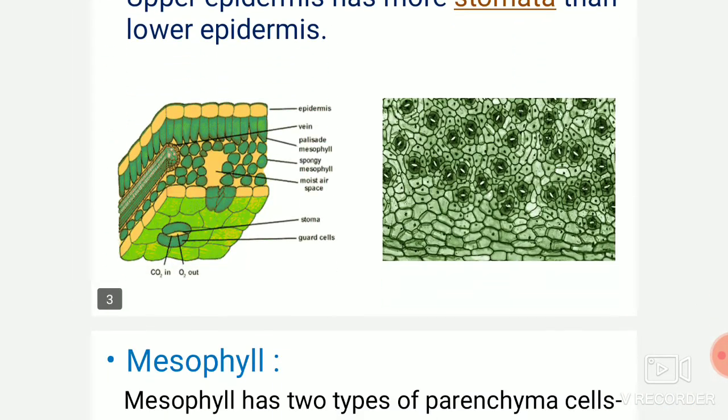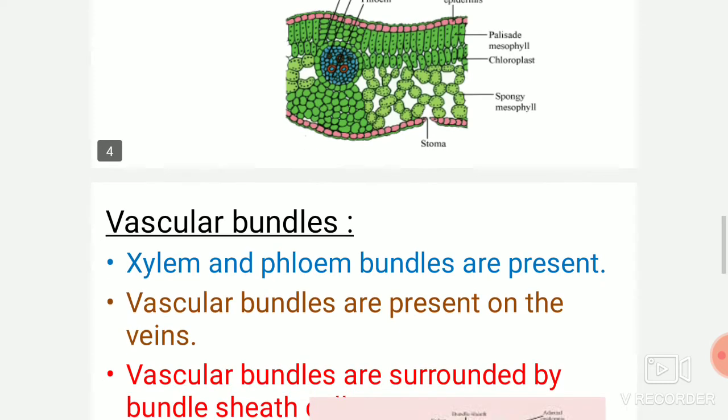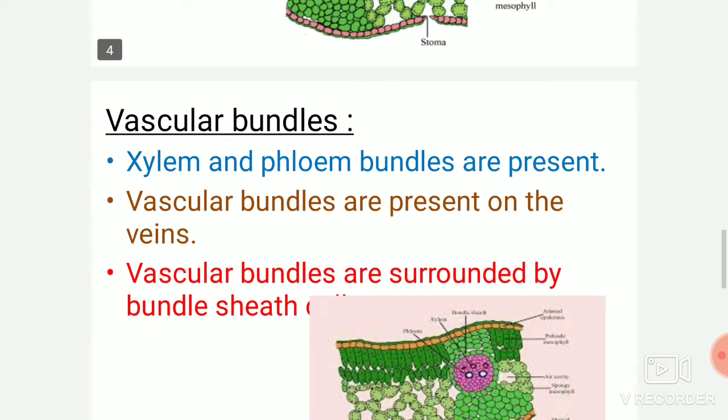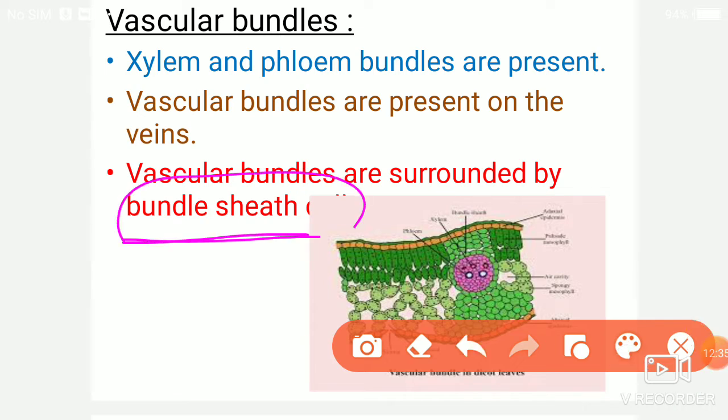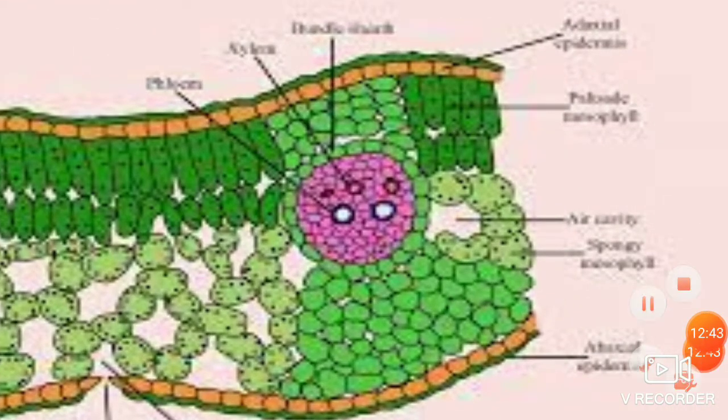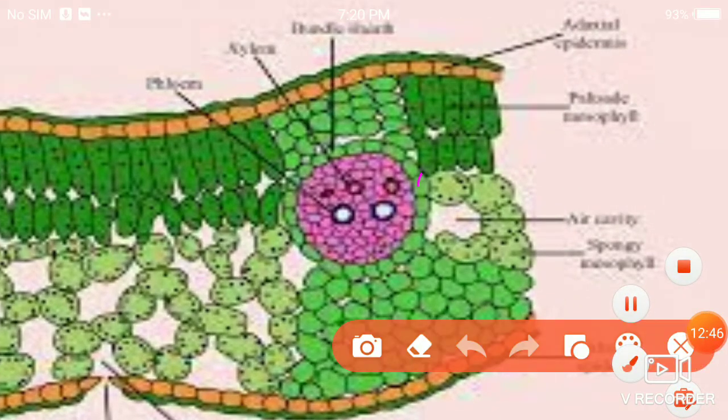Let's see how these vascular bundles are arranged. In the dicot leaf, they are surrounded by bundle sheath cells. You can see that bundle sheath cells are very important. We already studied this in photosynthesis: in C4 plants, bundle sheath cells are present.